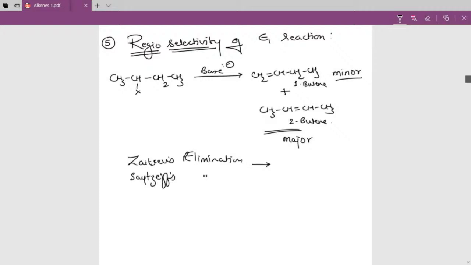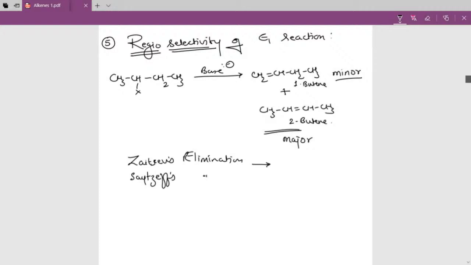Now, what does it say? It says formation of more substituted alkenes. What is Zaitsev elimination? So you will say formation of more substituted alkene is Zaitsev elimination. Formation of less substituted alkene we'll see later, just 2 minutes ahead.